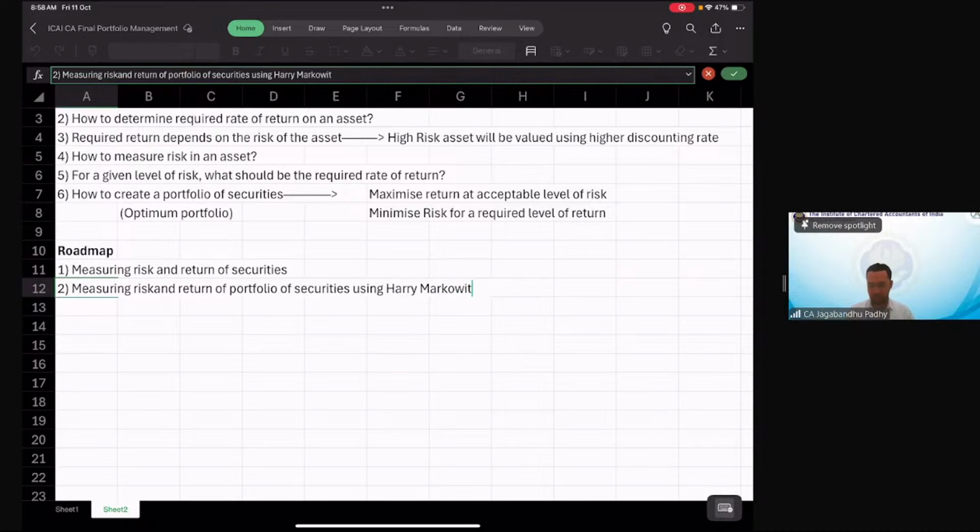So Nobel Prize winning financial economist, Mr. Harry Markowitz, we are going to look at the model which we have stated of calculating the risk and return of portfolio of securities.